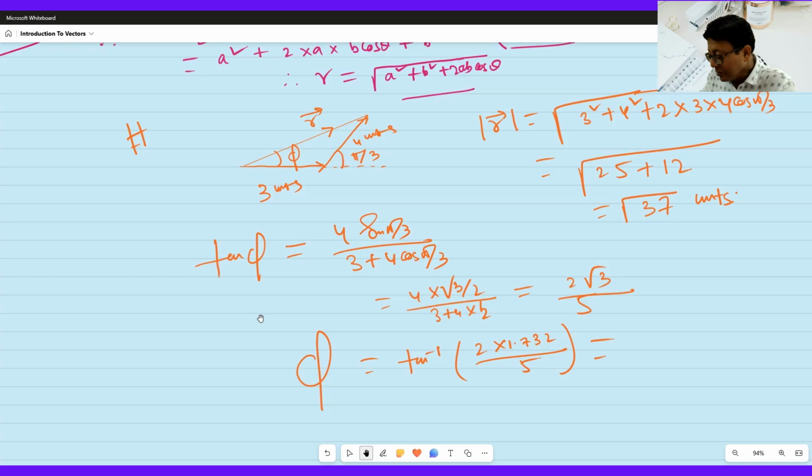Right now I am doing it with the help of my calculator. Root 37 we have to find, and shift tan. That will tell you how to find the angle. Okay? Just a minute.